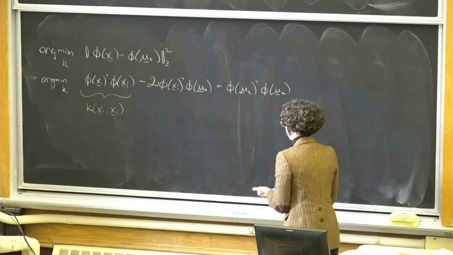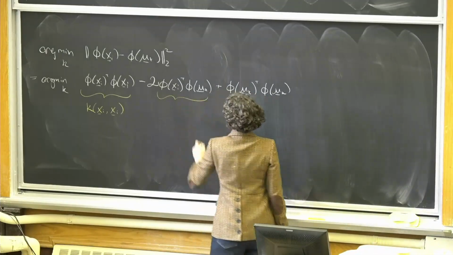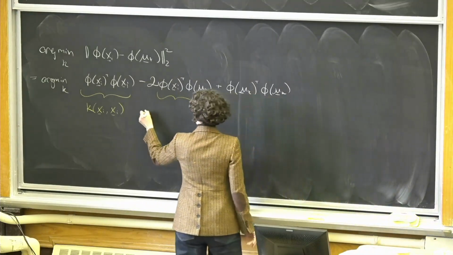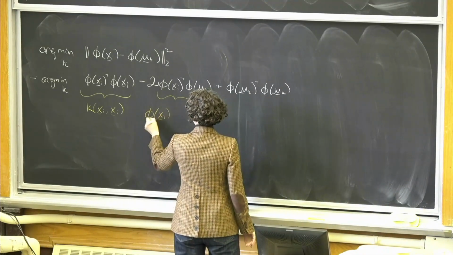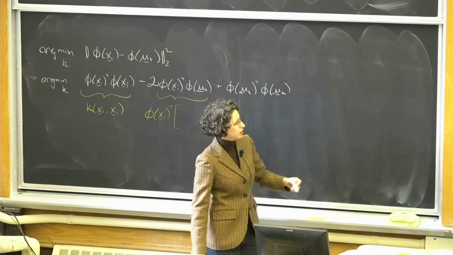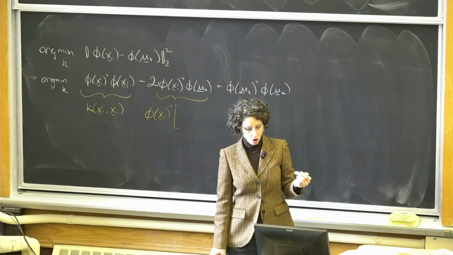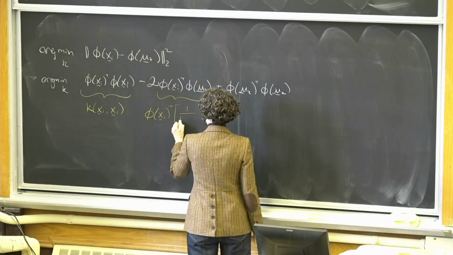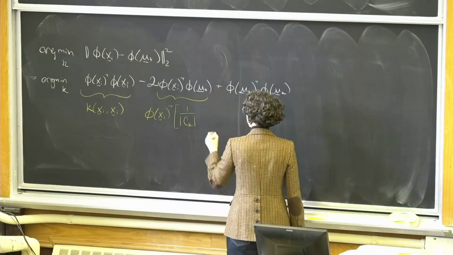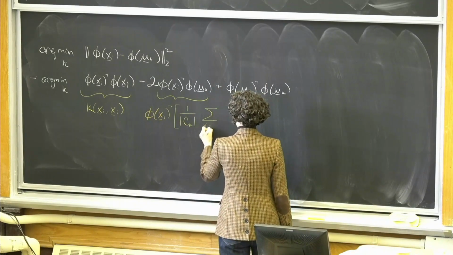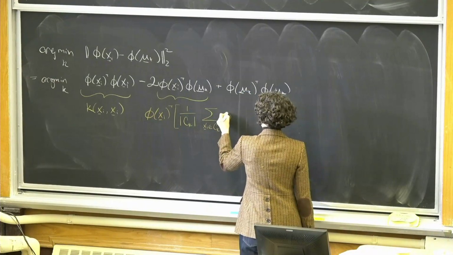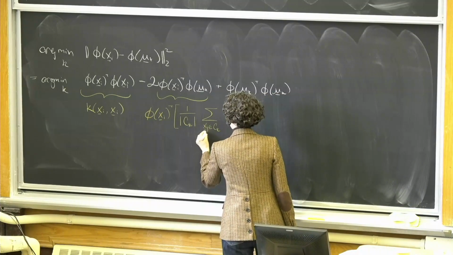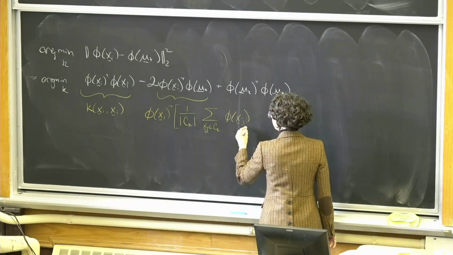Now let's look at the second part: phi of xi transpose phi of mu k. We're going to plug in our expression for phi of mu k from the other board, which was simply 1 over the size of the cluster times the sum over all samples xj in the cluster of phi of xj. I'm using xj just so that we're not confusing i's here.